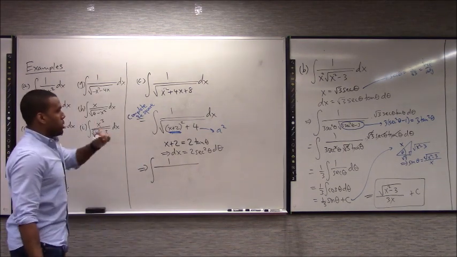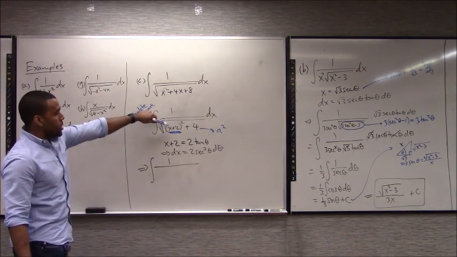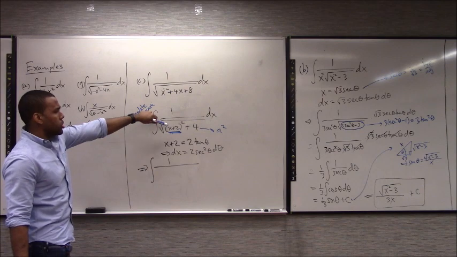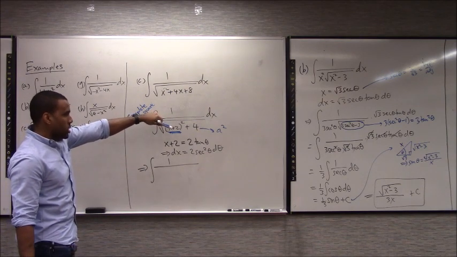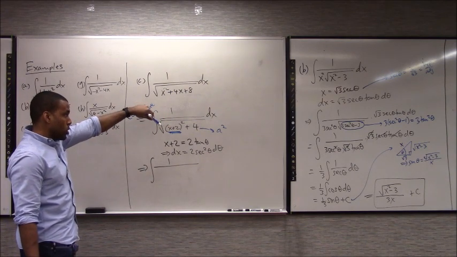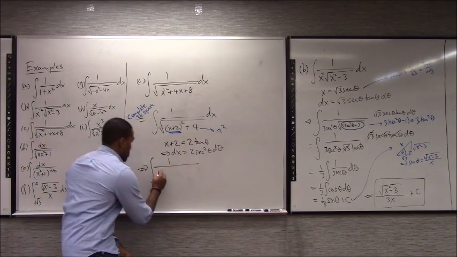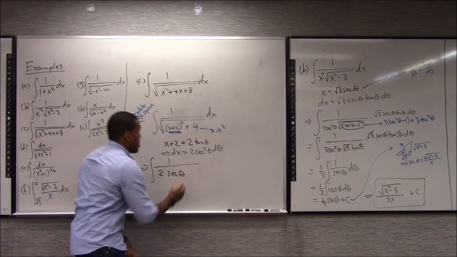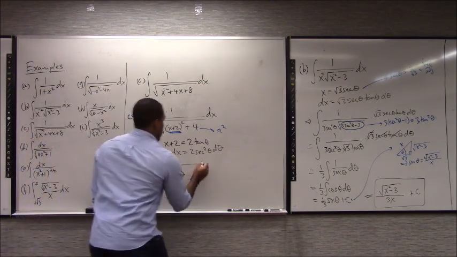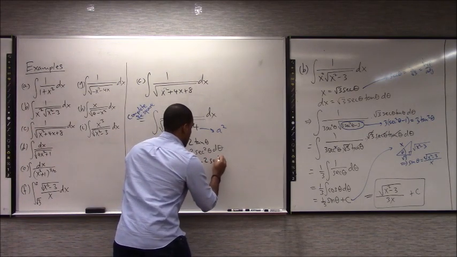Now of course when I plug in this here, that's going to give me a 4 tangent squared plus 4, which I can factor out the 4, that leaves me over the secant squared, so this all becomes 2 secant theta in the denominator. My dx becomes 2 secant squared theta.